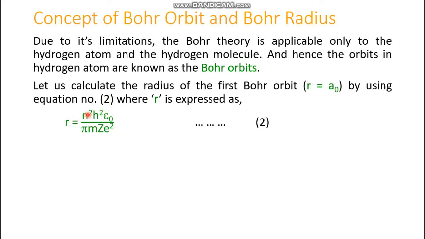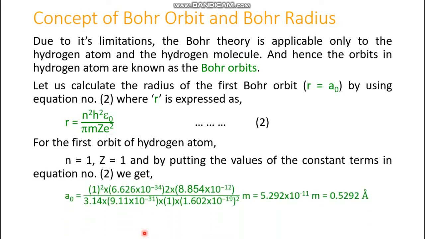So for hydrogen atom, for the first Bohr orbit, n should be 1 and Z should be 1 also, and h you have to put in the SI unit value 6.626 into 10 to the power minus 34 joule second, and epsilon 0, permittivity of vacuum, 8.854 into 10 to the minus 12 coulomb squared per newton per meter squared, and pi has its own value, 3 point something, m is 9.11 into 10 to the power minus 31 kilogram, and e, charge of an electron, 1.602 into 10 to the minus 19 coulomb. So we have to put in these corresponding values, and finally we get the result in the SI unit.